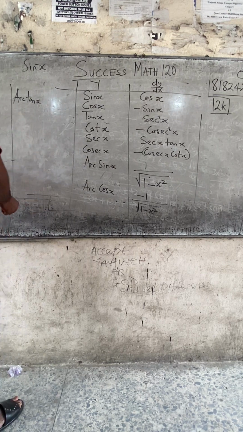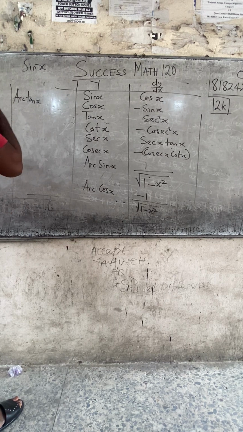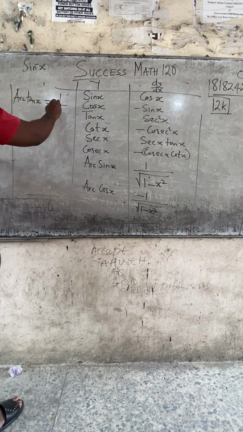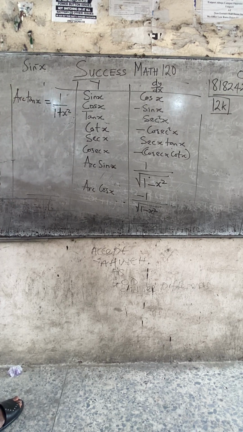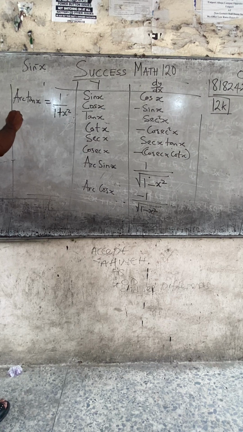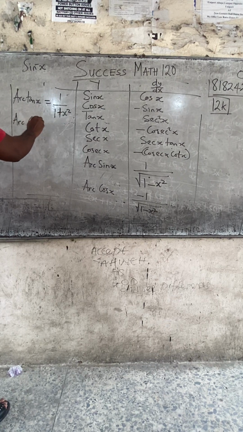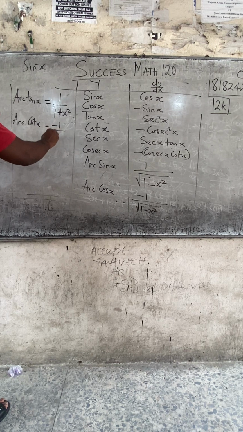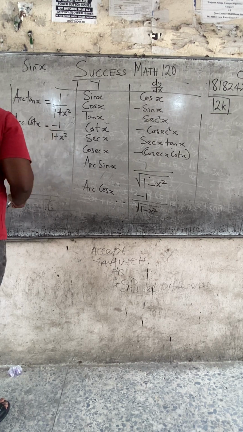Arc tan x is 1 all over 1 plus x squared. Arc cot x is minus 1 all over 1 plus x squared.